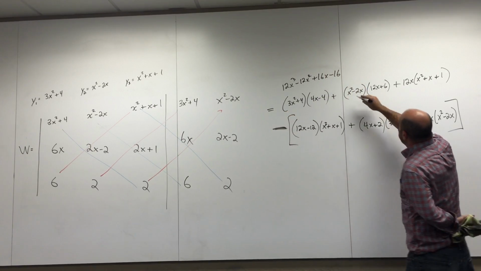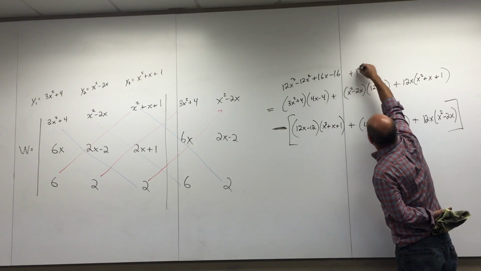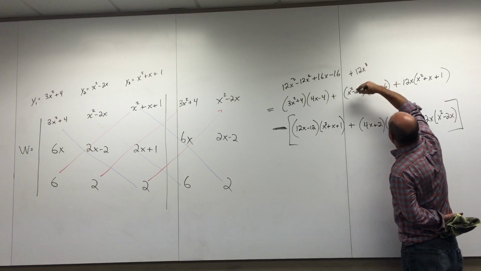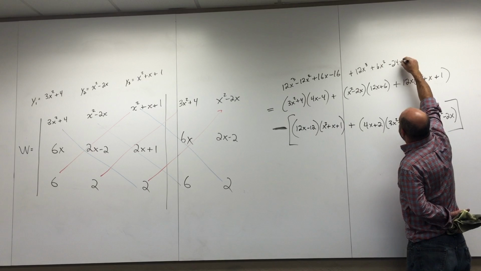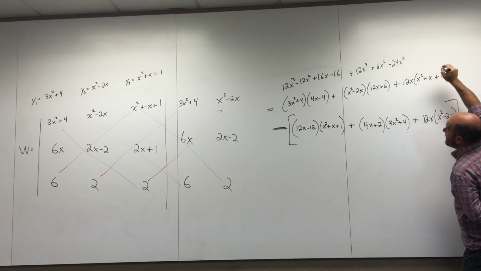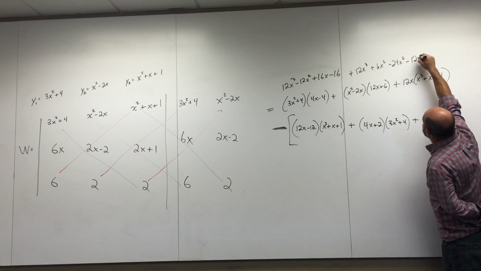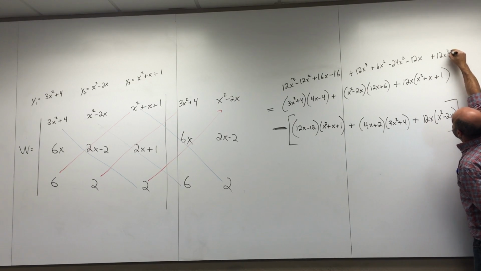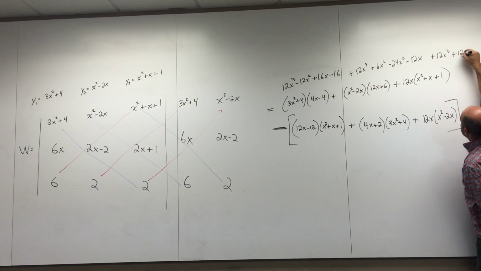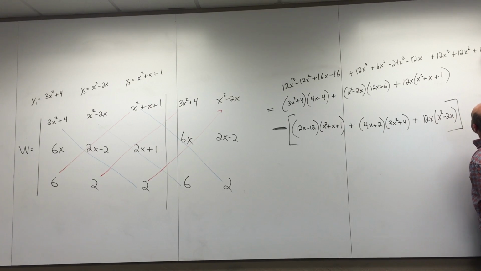What about this? That's a 12x cubed, 6x squared, negative 24x squared, and a negative 12x. And then this last one is a 12x cubed, plus a 12x squared, plus a 12x.